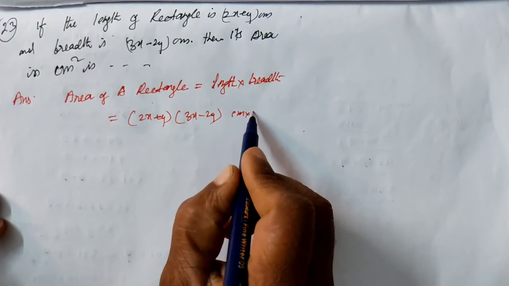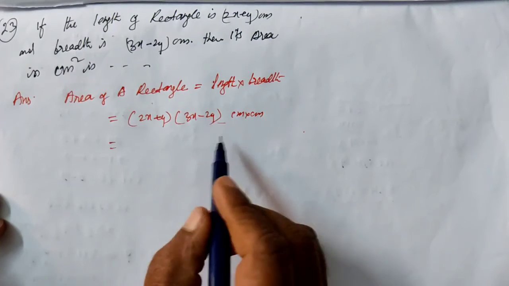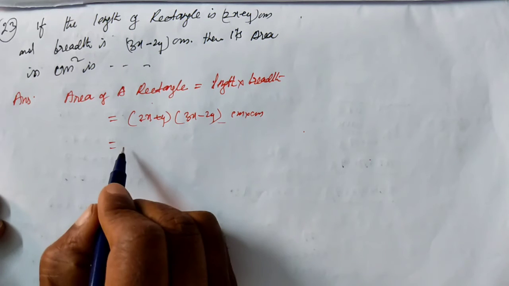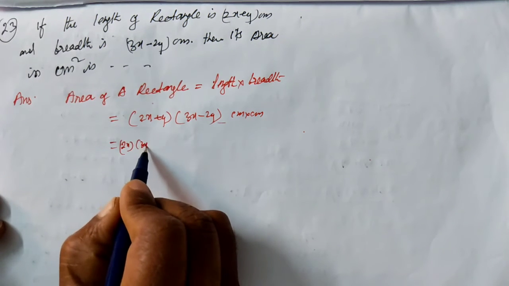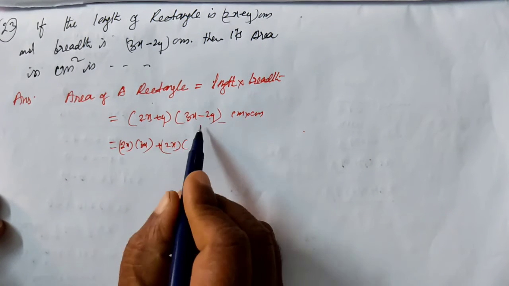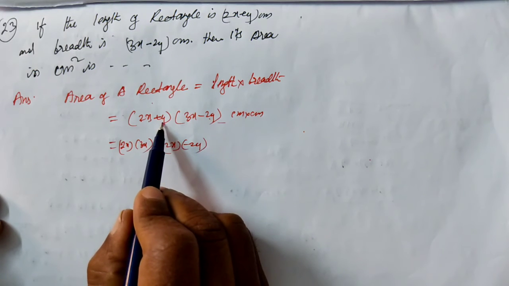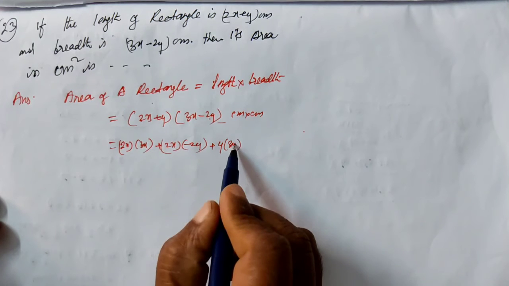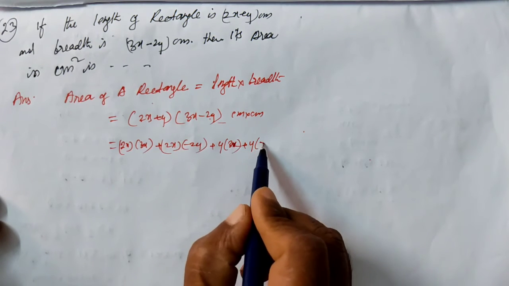So the centimeter into centimeter, which is equal to, okay, so multiply this one, 2x into 3x. 2x into 3x how much? 2x into 3x. Now this 2x into this one plus 2x into minus 2y, okay. Now multiply this y with this, so y into 3x, okay, and y into minus 2y.